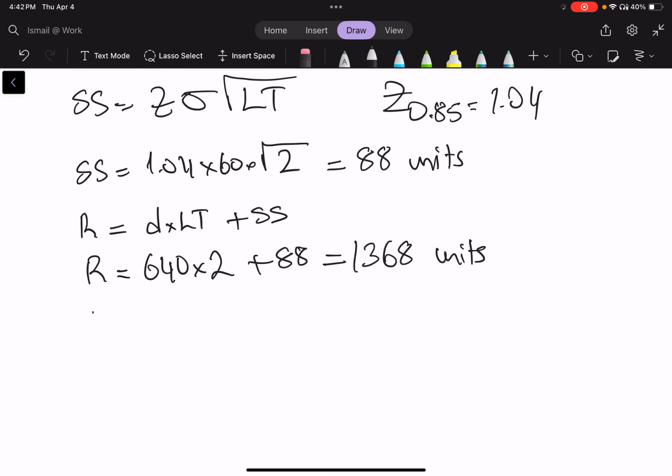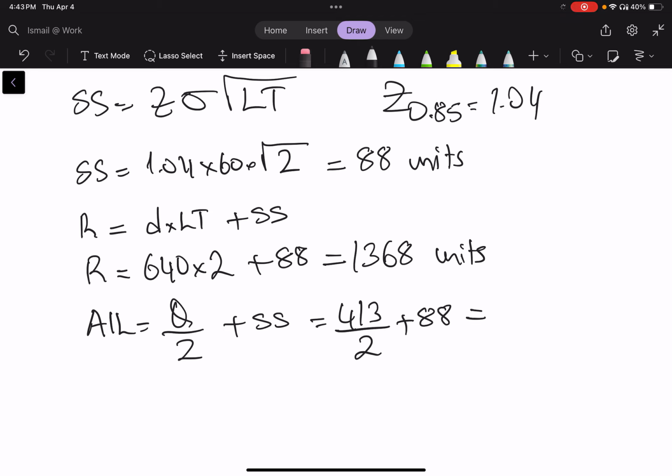While at it, let's calculate the AIL, average inventory level, and that would be Q divided by 2 plus safety stock, 413 divided by 2 plus 88.